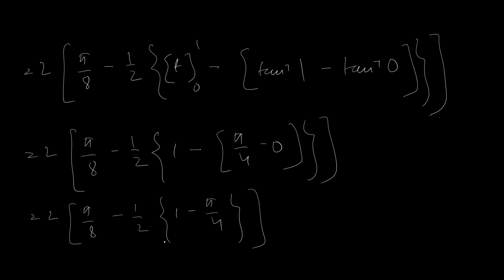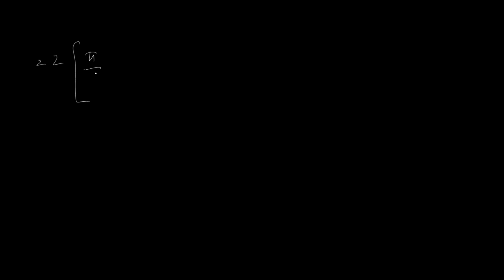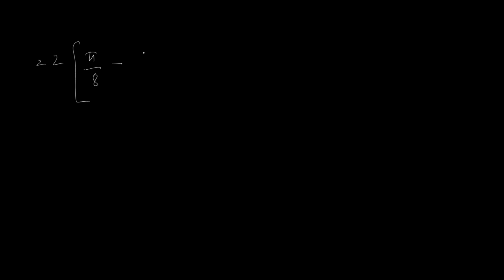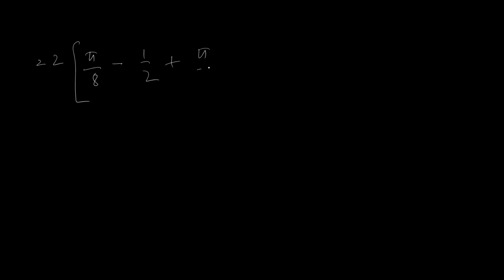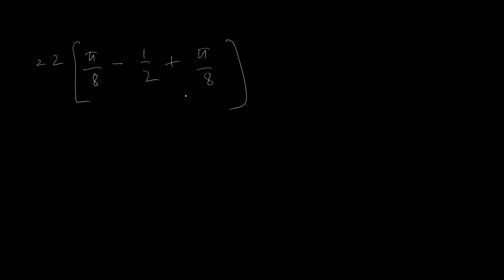So now here this is equals to 2 bracket start, pi by 8 minus, this one I will multiply here, minus 1 by 2 I will multiply here. So I will get minus 1 by 2 plus pi by 8. Yes, pi by 8 minus 1 by 2 into minus pi by 4, it will be plus pi by 8.